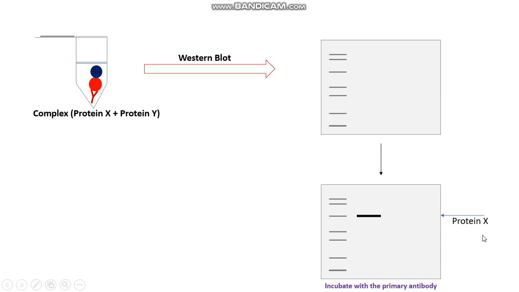This is followed by the anti-protein Y incubation to detect that protein. If this complex is successfully formed, and these two proteins are interacting, then you will get both bands, indicating that protein X and protein Y are interacting.